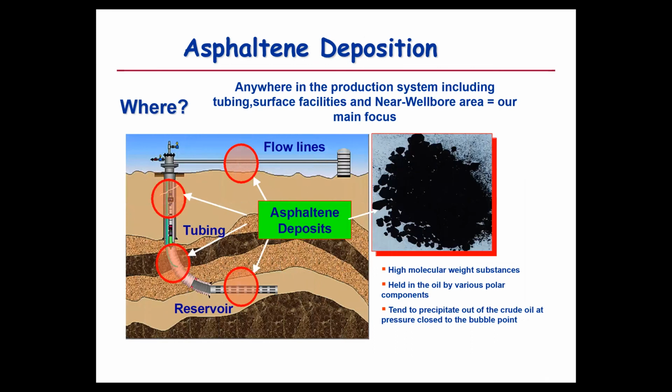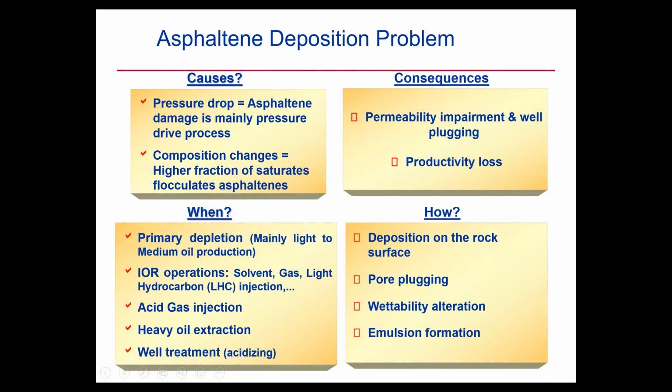And as I mentioned, you can have asphaltene problems in the reservoir, tubing, flow conduits, and surface flow lines. And these are the causes: pressure drop, composition change. It reduces permeability and causes productivity loss.